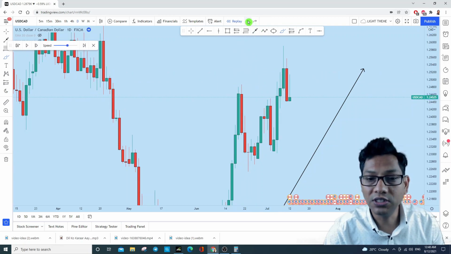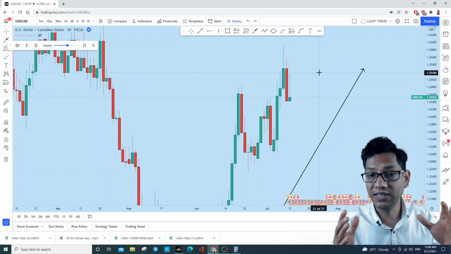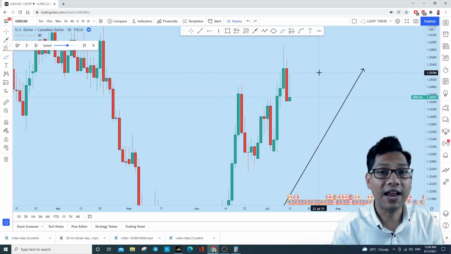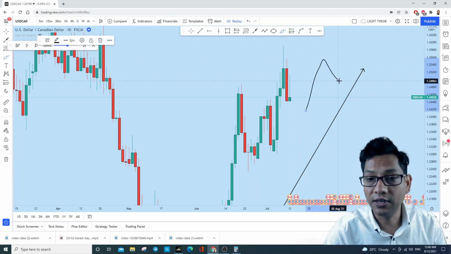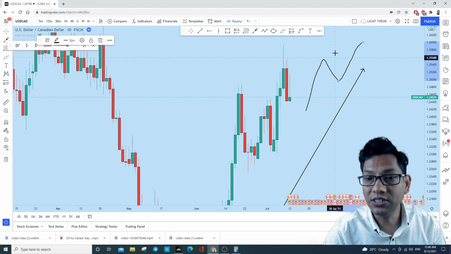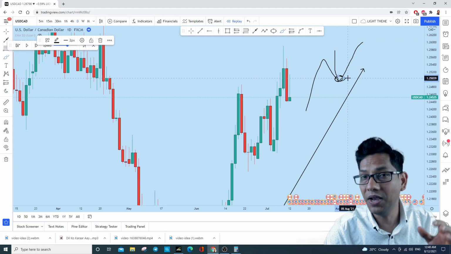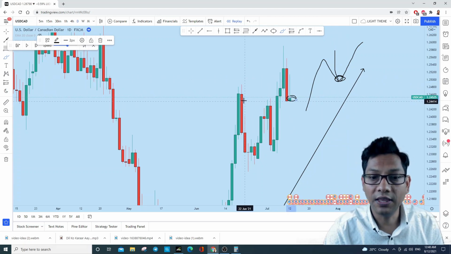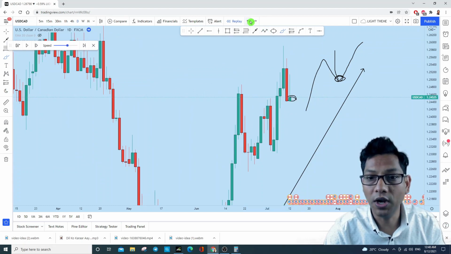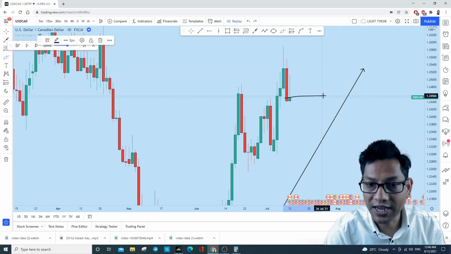Now after this shooting star, as you can see this is the daily time frame, all the criteria is matching, trend is up. So as we mentioned, you will wait for a shooting star at this level of support, and you exactly found a shooting star at this level of support. So what you will do next is trade it as soon as the candle closes.